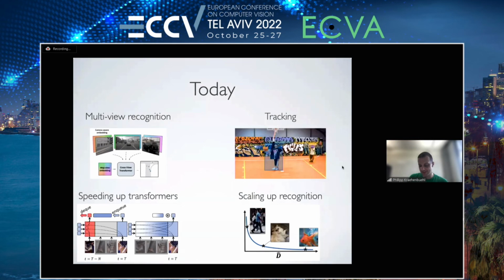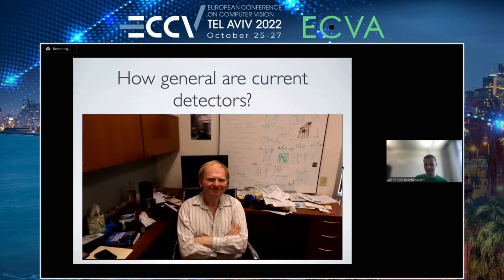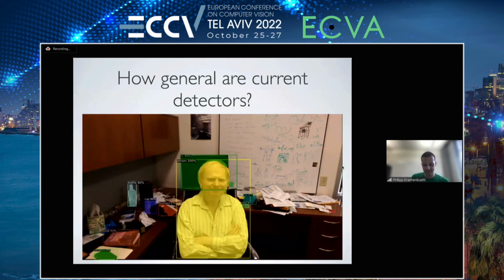Then the other thing that my lab is actively working on is trying to scale up recognition. To give you a flavor of what we're working on, if you run a standard object detector on this mildly messy scene here, you can find some of the objects, with fairly high confidence.